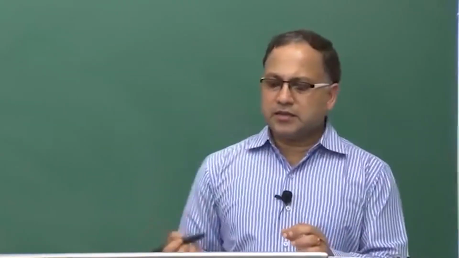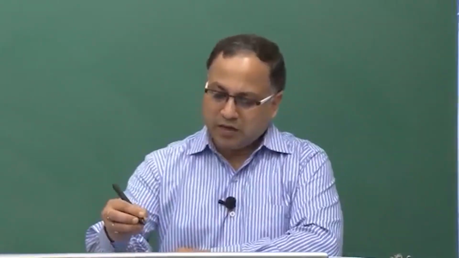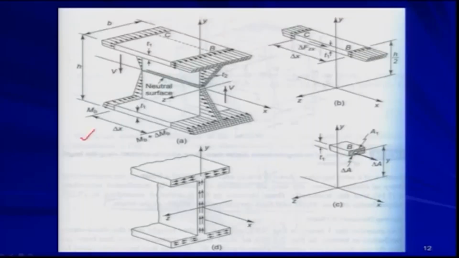Now, why is it so? You will appreciate it when we discuss these things. Suppose I am considering one I beam like this. The consideration is very similar to the previous one: we are considering one section of length delta x.